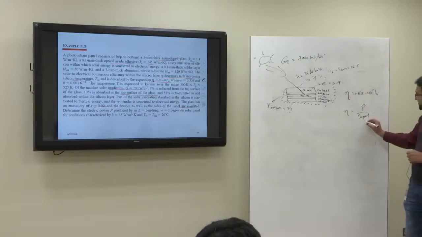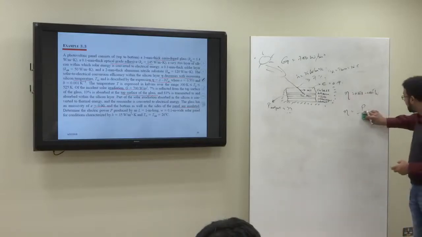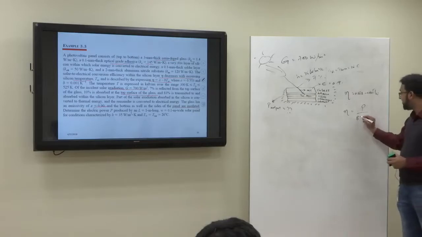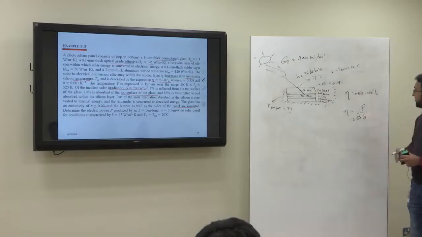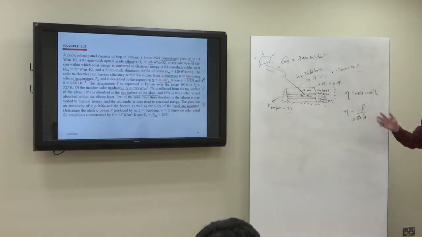So let's talk about the input. Input will be 0.83 multiplied by the original irradiation G. What's the unit of G given? It's flux, okay? It should be in watt, because power you will get in watt or kilowatt, by the area.